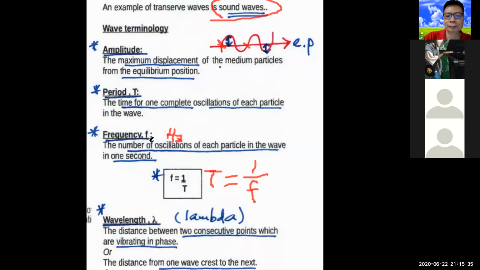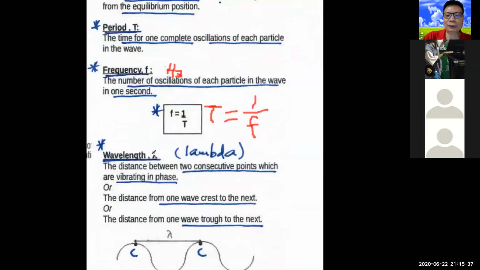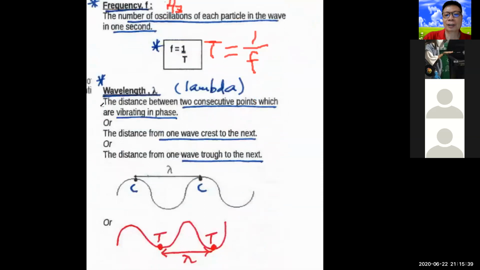Okay. The next, a new thing for you to learn. Wavelength. This symbol is like the Chinese words. You write it like this. This is lambda. This symbol you have to remember in your whole life. To write this symbol, you write like this.